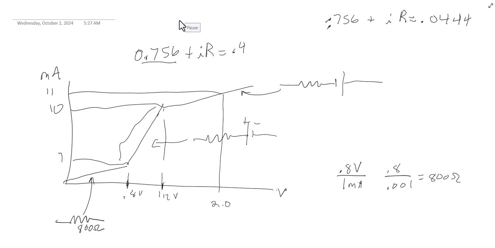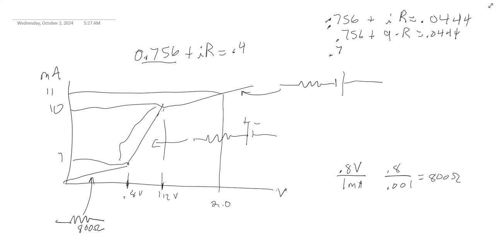Oh, I'm sorry. I thought I had paused it during all that time. Okay, so 0.756 plus I, where I is the difference between here and here, 9, times R equals 0.0444, and then subtract, oh, that's not right. I'm losing my mind.